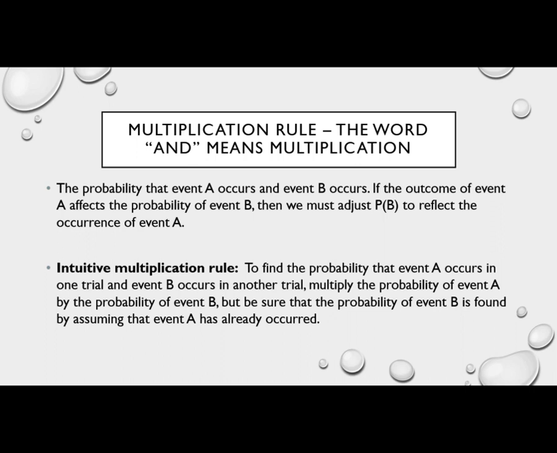Okay, the multiplication rule. With the multiplication rule, the word and means multiplication. I'm going to have to get through a few vocabulary slides before I get to the example.